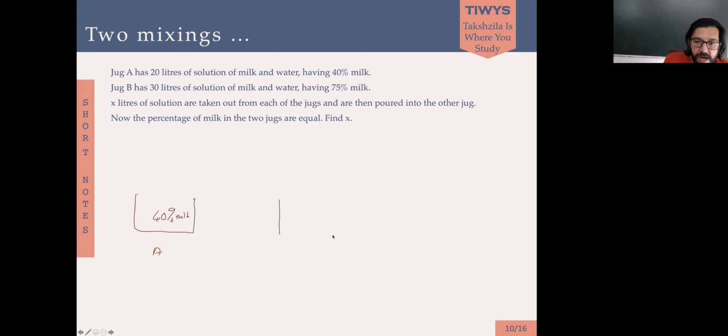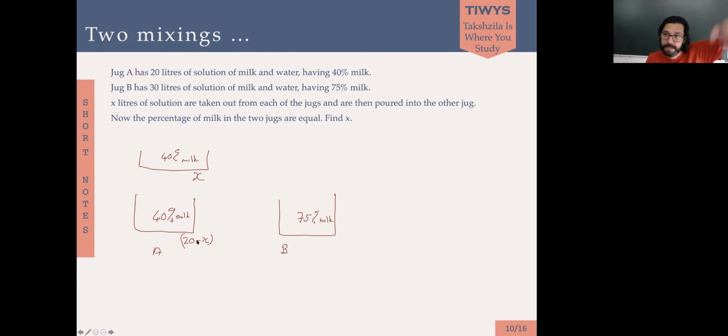Jug B has 30 liters. Even the longer way is a good way to practice. Suppose x liters are taken out; it will be the same 40% milk. So what will be left will be 20 minus x.